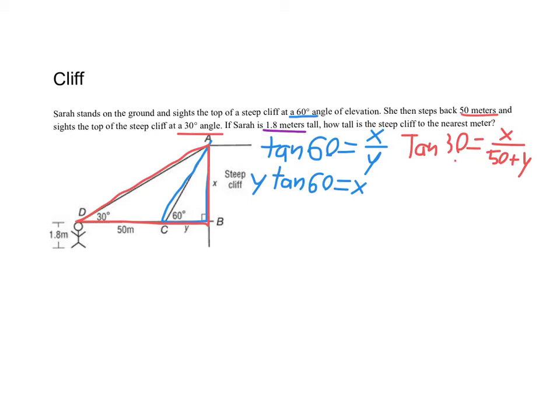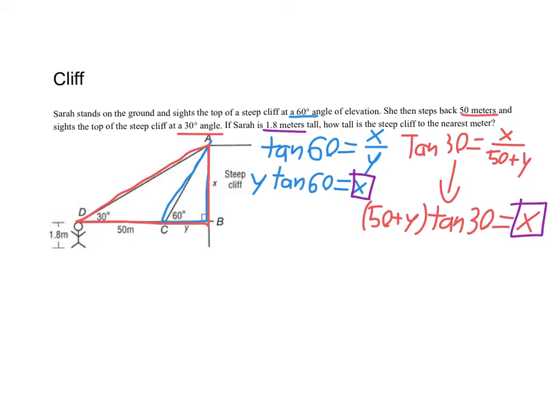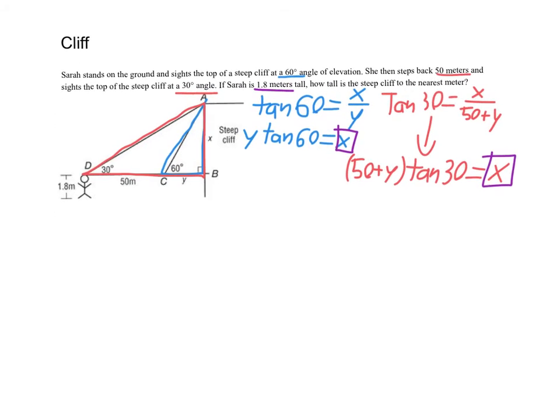We can then rewrite this one, multiply both sides by 50 plus y. We get 50 plus y times the tangent of 30 is equal to x. Note that now both my blue equation and my red equation are equal to x, which means I can combine them. I can set these equations equal to each other. So that's what I'm going to do.